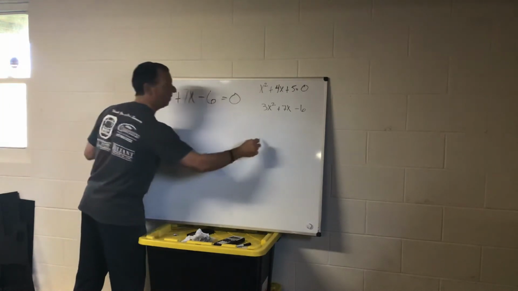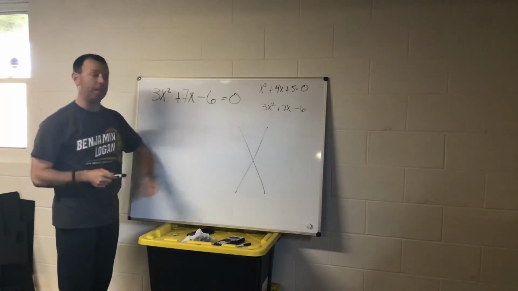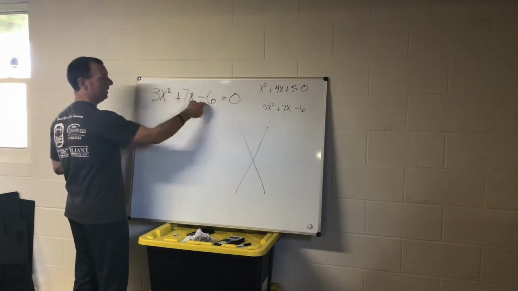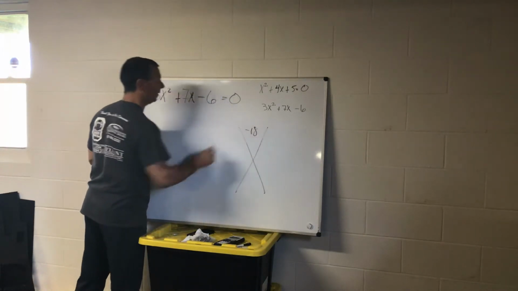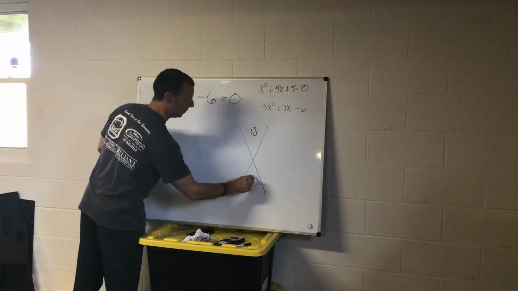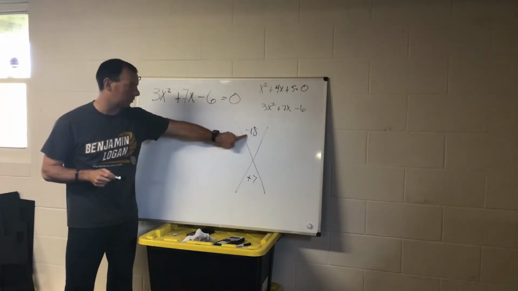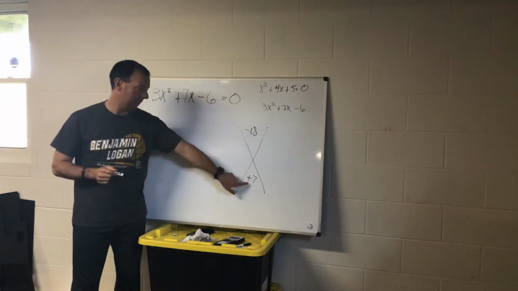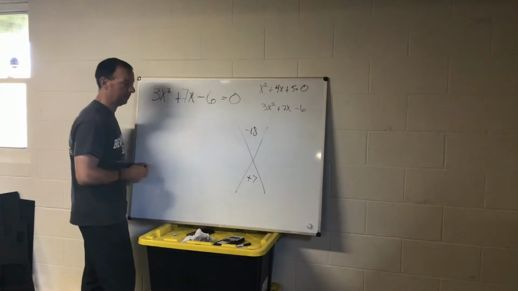All right. Now, if you remember from a couple weeks ago, we did 3 times negative 6. That was negative 18. It has to add to be positive 7. So I'm looking for factors or numbers that multiply together to get -18 that add up to 7.